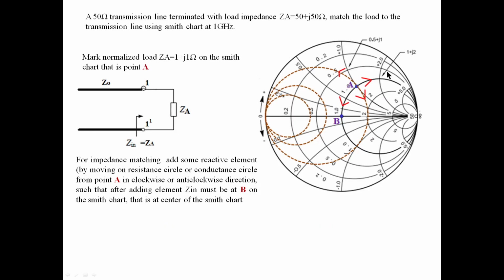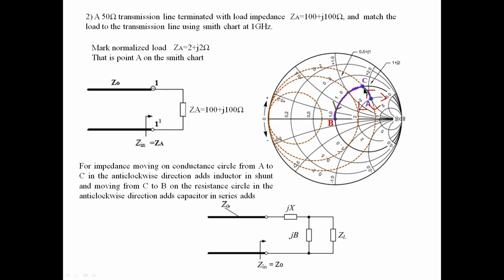I think you understood this. First we mark the load point like this. I marked a load point here; some load is given, and this is the load point. From the load point, in which direction do I have to move?